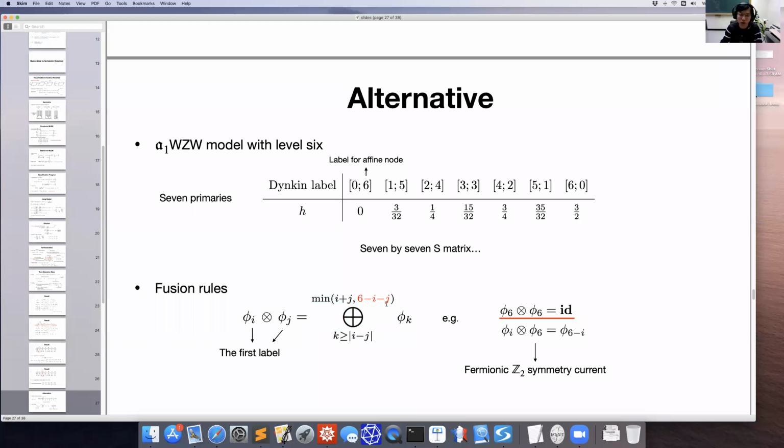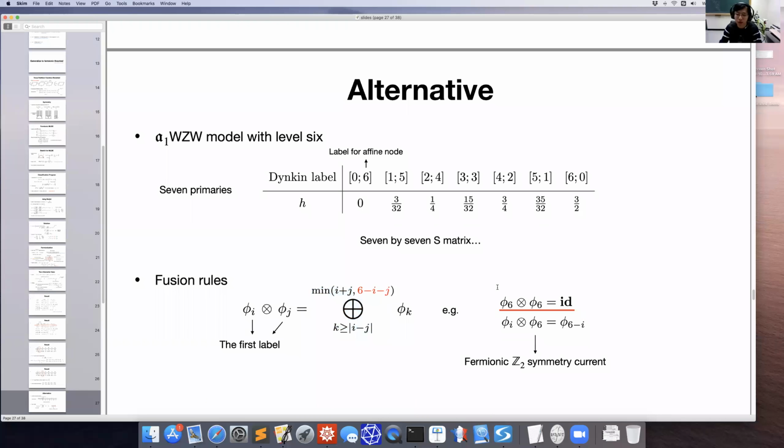This is due to the presence of null states in this model, and this is good because if I plug j equal to 6, this part is 6 minus i, but this part, if I plug j equal to 6, this is also 6. Let me see if there's a typo here.